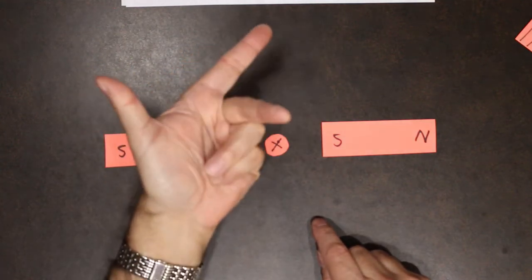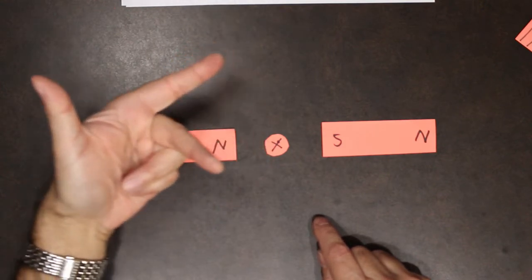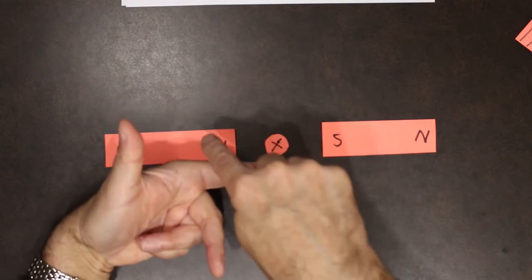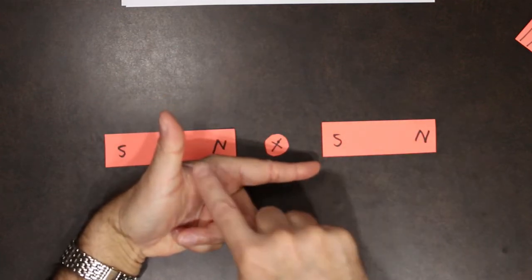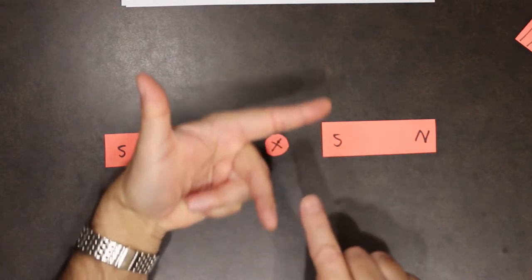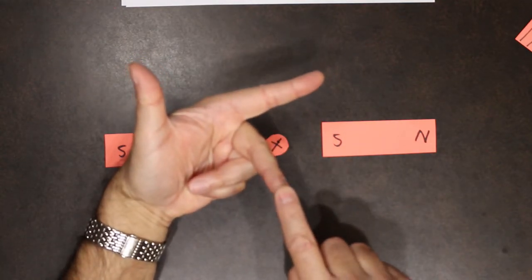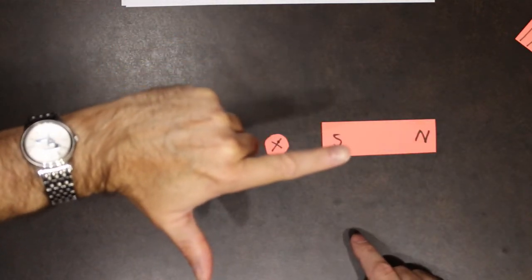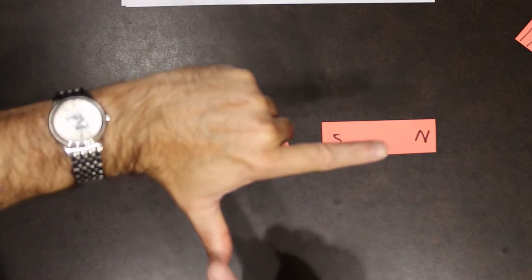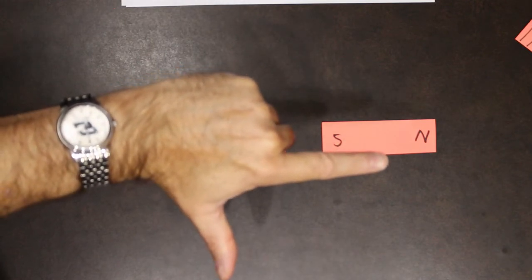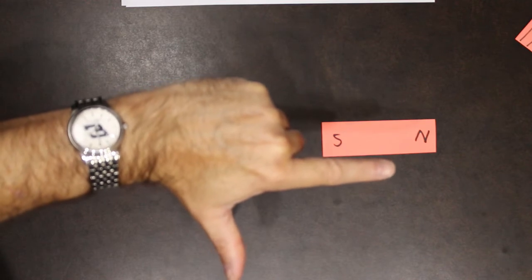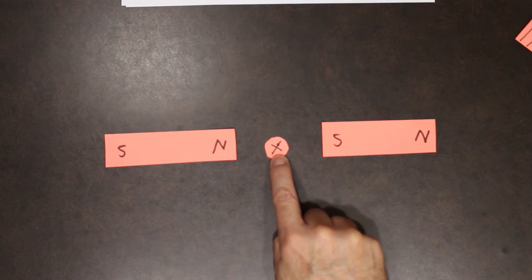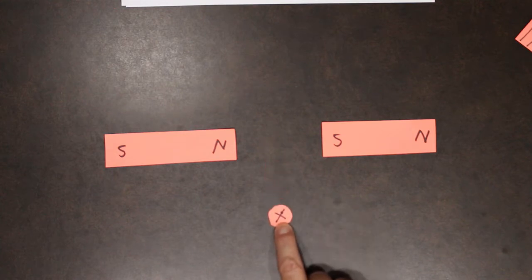Fleming's left-hand rule for motors states that if you place your index finger in the direction of the magnetic lines of force, from north to south, and your middle finger in the direction of current, so current is going into the table this time, your thumb points in the direction of the resulting movement of that conductor. So this conductor will move out of the magnetic field in this direction.